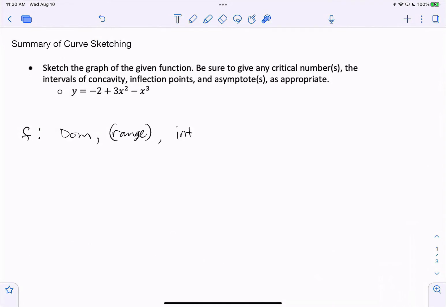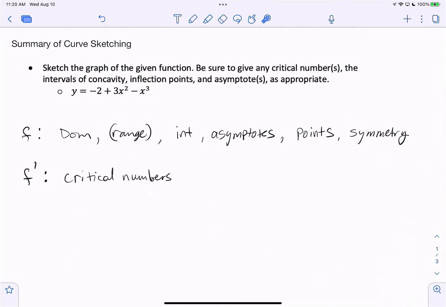We can get intercepts, x-intercept, y-intercept, asymptotes, points on the curve itself, and symmetry if you care about even versus odd and that sort of thing, if that applies. That's it for the function itself. And I mean, this one here is a polynomial, right? So you kind of have an idea of what the general overall graph might look like.